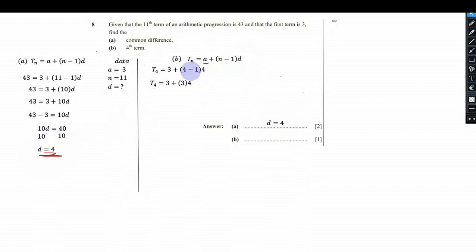Okay, so we have 4 minus 1, which is a 3, and then 3 times 4 here, we're going to have a 12, then 3 plus 12, we are having a 15, so the fourth term is a 15, and that is the final answer.